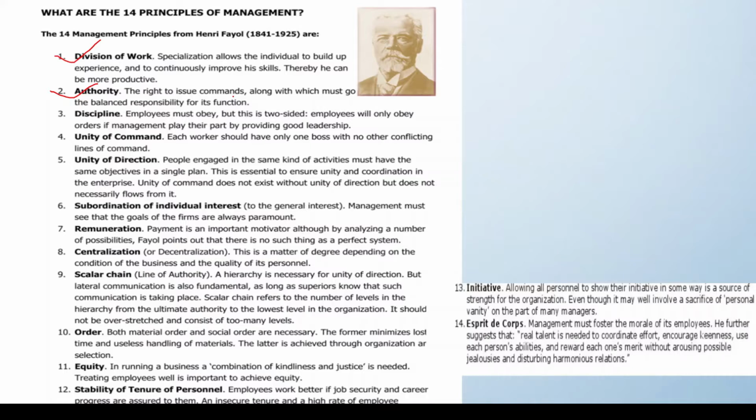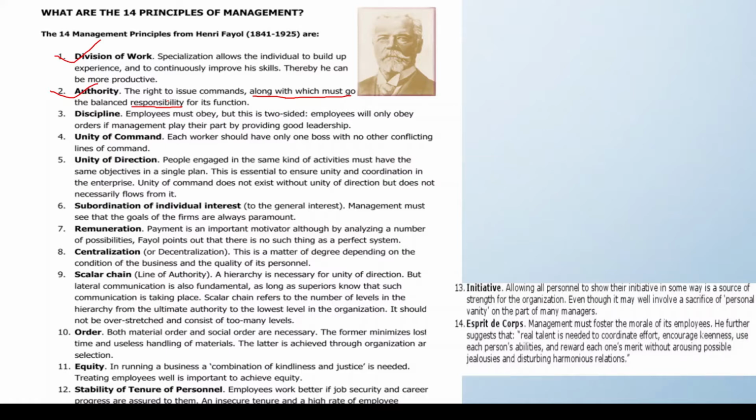If you use your authority, if you use your power to give commands, then you must go along with the responsibility. You must be responsible, disciplined as per your function. Otherwise, no one is going to follow your command.